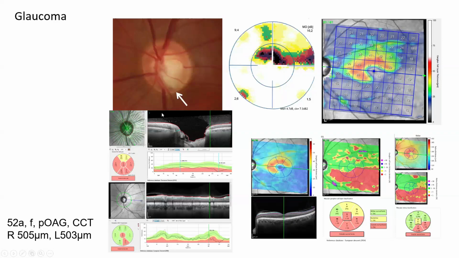This is the typical place of the first loss of axons and rim: the temporally inferior sector of our optic disc. In this case, we see a 52-year-old female patient with a thin rim, all flagged in red, and we see the pronounced thinning of the nerve fiber layer with a red sector here.